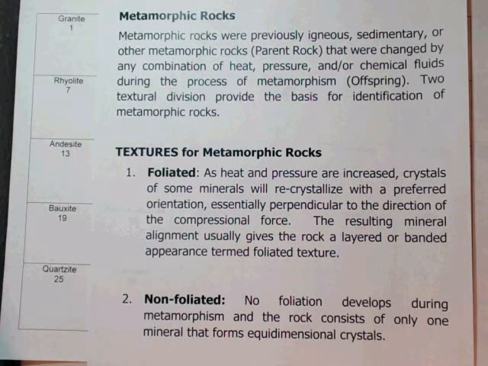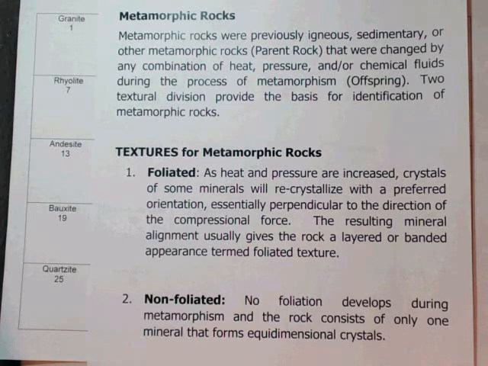Okay, let's continue and take a look at our last rock type, the metamorphic rocks. With the metamorphic rocks, if you recall from our rock cycle, we could take any other rock. It could be previously an igneous, a sedimentary, or another metamorphic rock. We call it the parent rock.